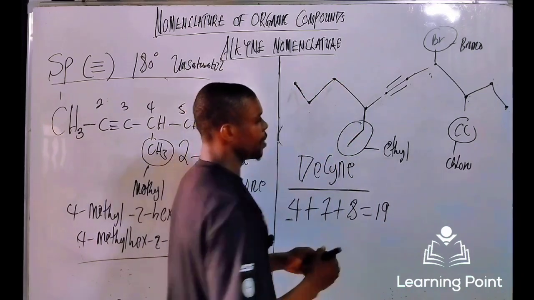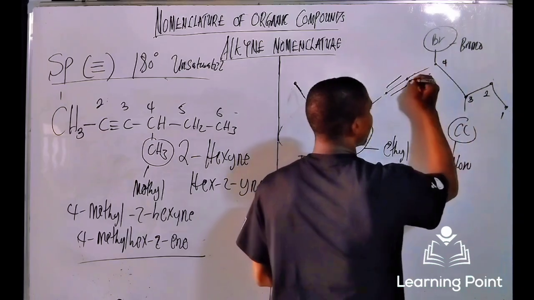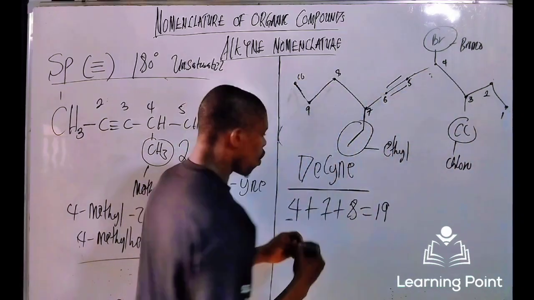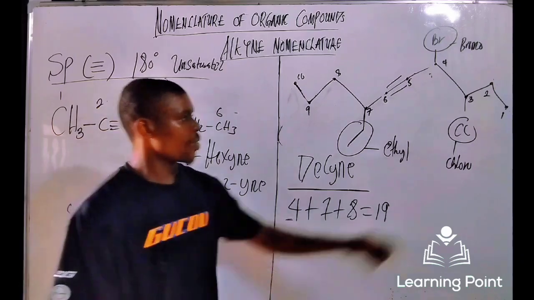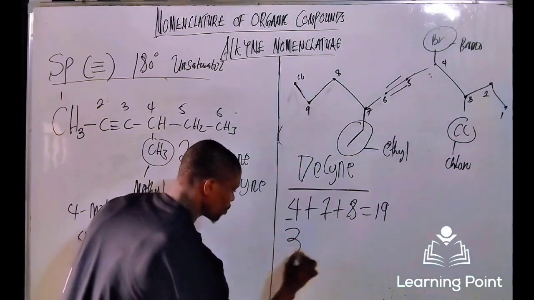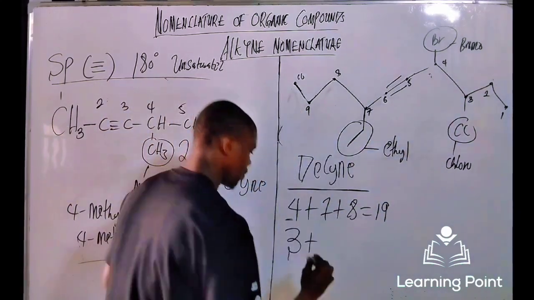What about if I start from here? 1, 2, 3, 4, 5, 6, 7, 8, 9, 10. Now let's sum the positions. I count 3, I have a chloro at 3. Plus 4, I have a bromo.